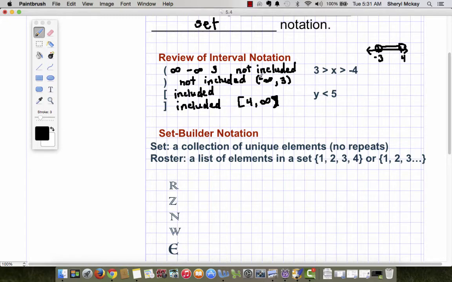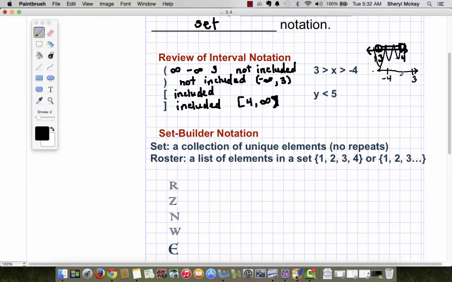So if we were going to write that in set notation, we would say that the starting place is negative 3, sorry, that's a positive 3. And this is a negative 4. So I did this totally wrong. Let's try again. I was doing this so fast. This is negative 4.